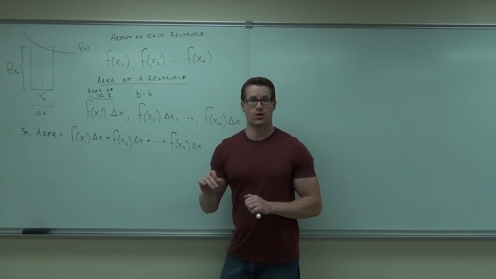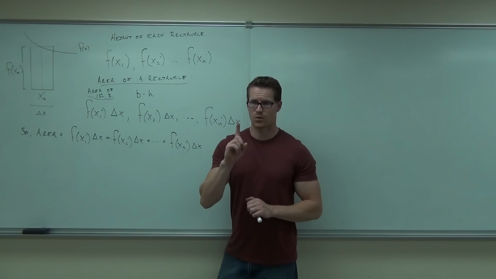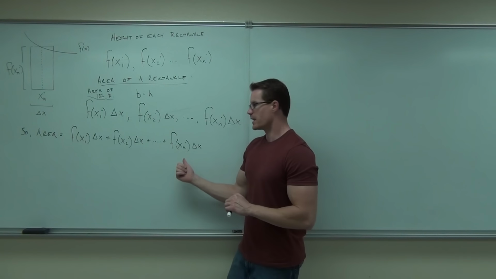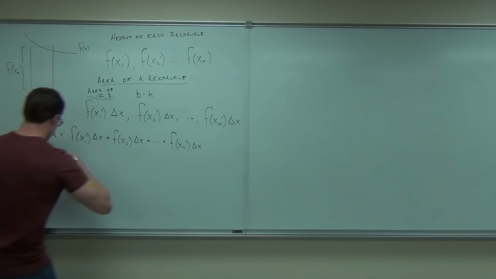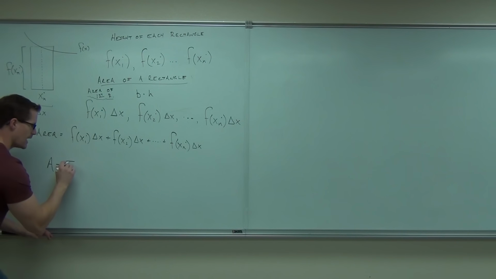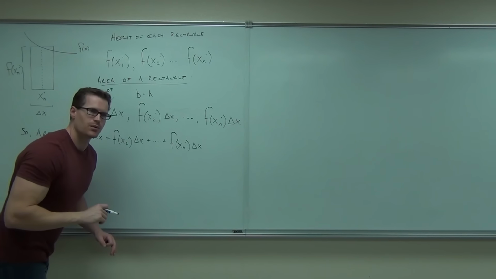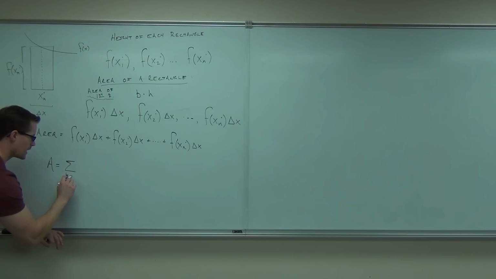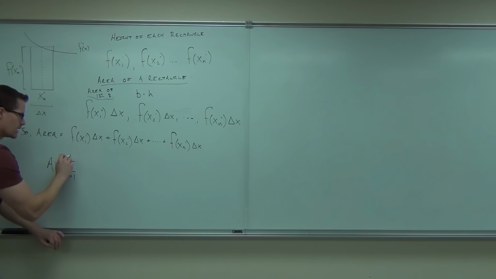Where does the index start? 0 or 1 or 2 or 3? 1. Where does the index end? At n. So this area says I'm going to add up areas of rectangles, going from, let's call it k, 1 to n. Do you know why we use k?